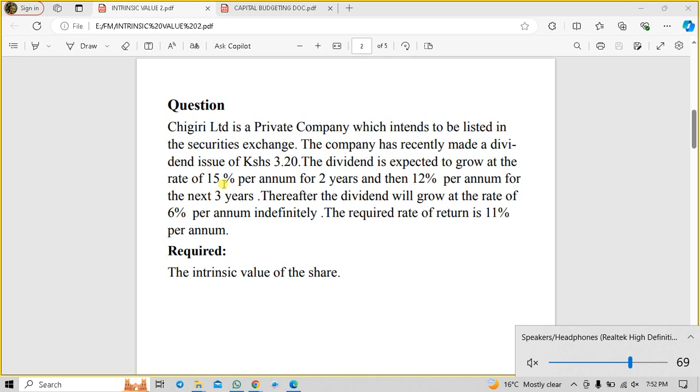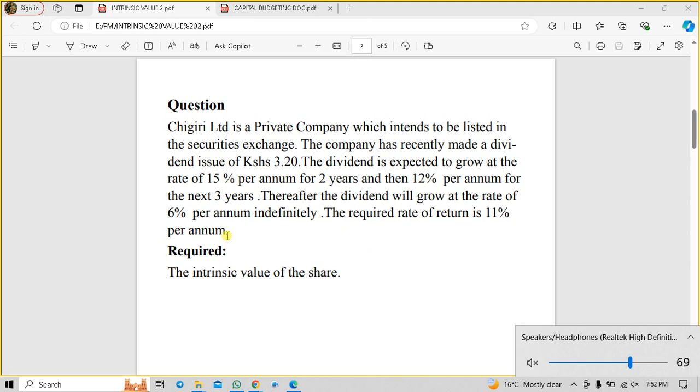So that means that after 5 years, now the dividend will start growing at the rate of 6% per annum indefinitely. Then you have the required rate of return is 11% per annum. We look at this term when you're looking at a topic called portfolio.